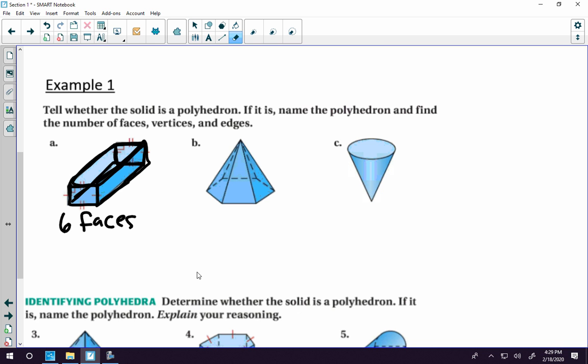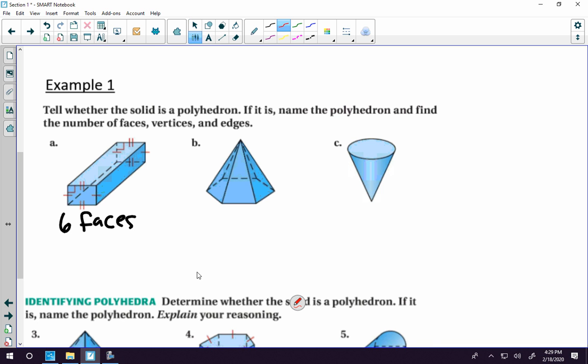Next, how many vertices does this polyhedron have? 1, 2, 3, 4, 5, 6, 7, 8. So it has 8 vertices. Now let's count how many edges this polyhedron has. 1, 2, 3, 4, 5, 6, 7, 8, 9, 10, 11, 12.